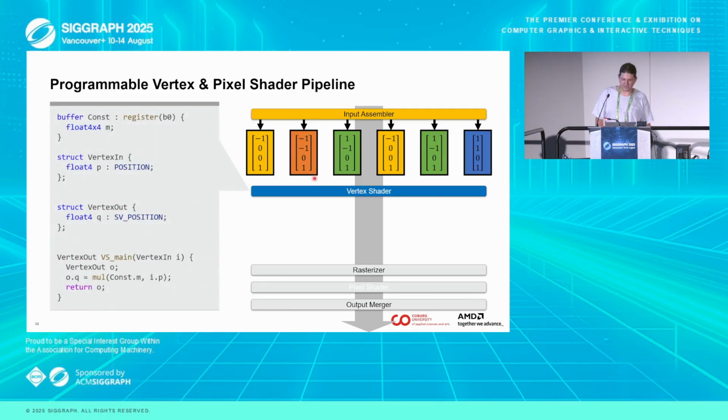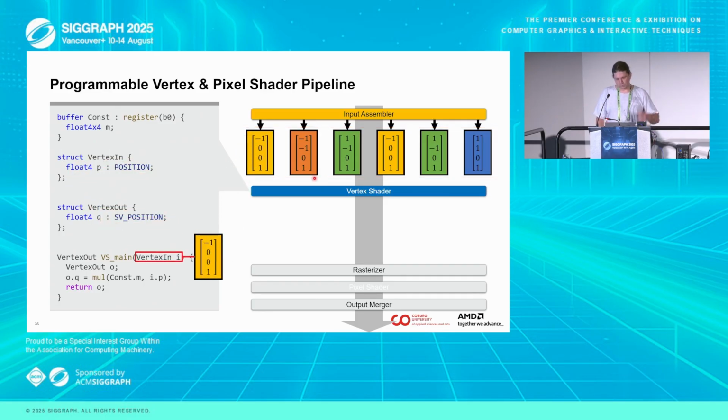It's the vertex shader stage, where you as a programmer could write program code. You would specify how your input data structure would look like. Here is vertex in. It's a four-dimensional position. And the entirety of these vertices would go through the vertex shader.